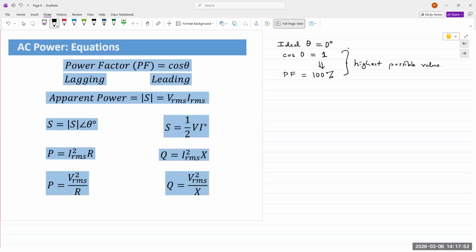So again, the reference point is voltage and our perspective is from the current. Current always lags in an inductor and always leads in a capacitor. So power factor for an inductive system is always lagging. Power factor for a capacitive system is always leading.